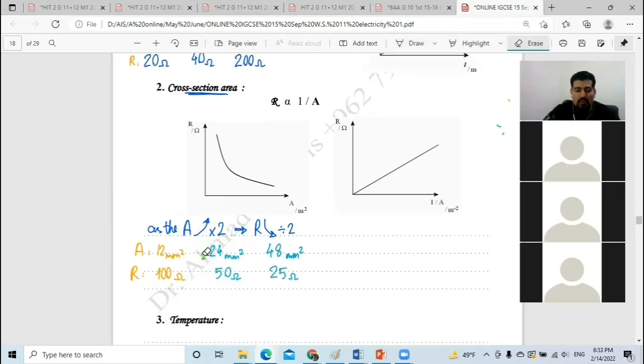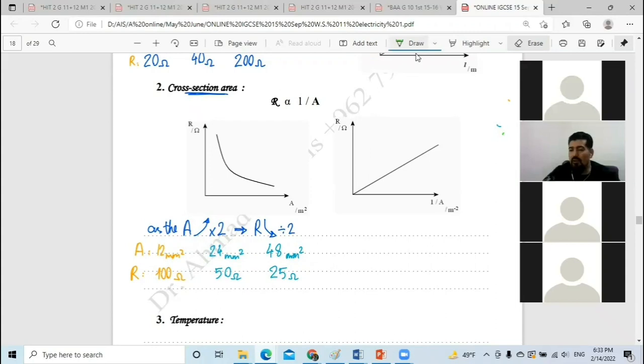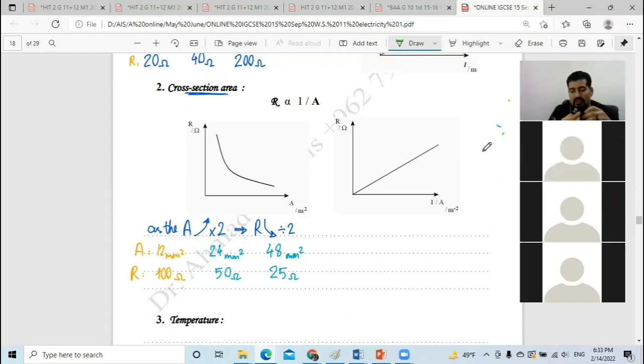Now, usually all the wires, hold on, Marwan. Usually all the wires, if I bring any wire and cut it with scissors, it has a circular cross-section area.